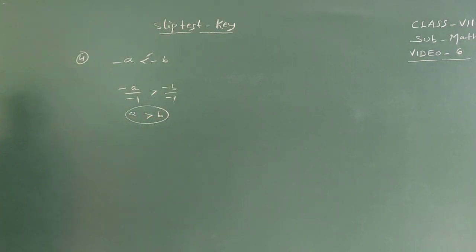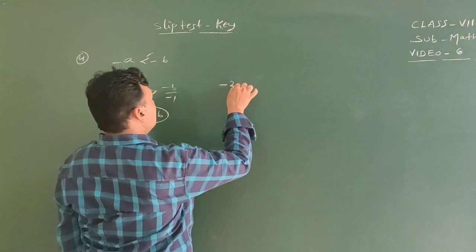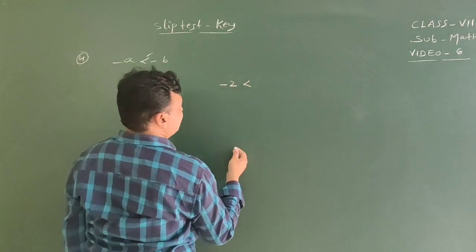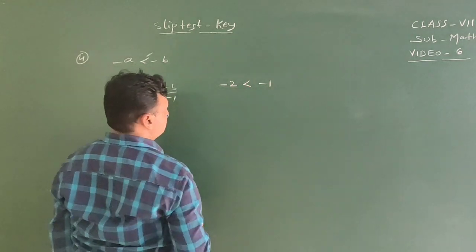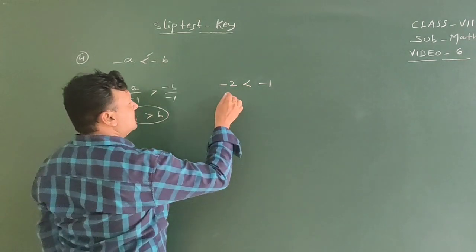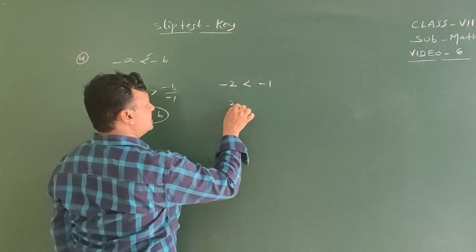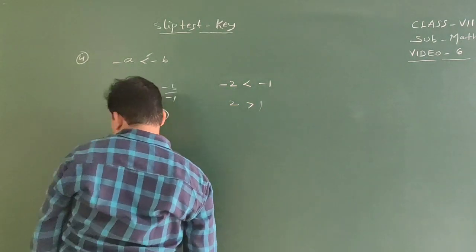Then it changes into a greater than b. Actually minus 2 is less than minus 1. If it is multiplied with a negative number, 2 is obviously greater than 1.